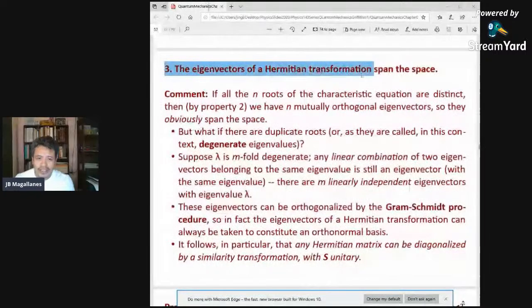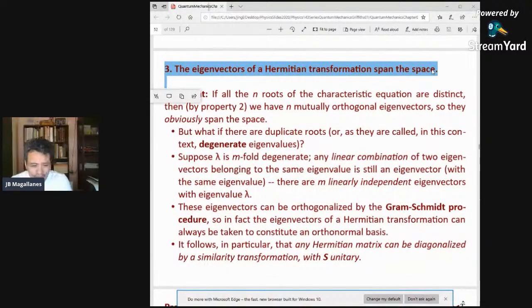The third one is that the eigenvectors of a Hermitian transformation span the space. This is the most important thing in quantum mechanics. The eigenvectors of a Hermitian transformation span the space, meaning whatever vector that you can find in that space can be written in terms of the eigenvectors.